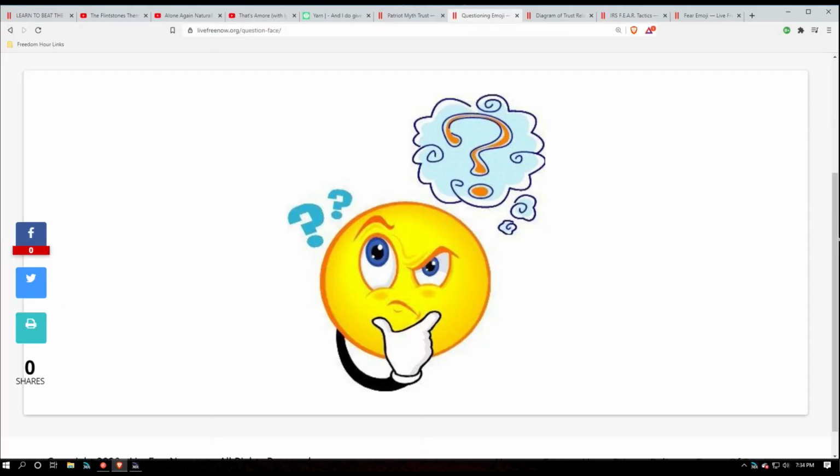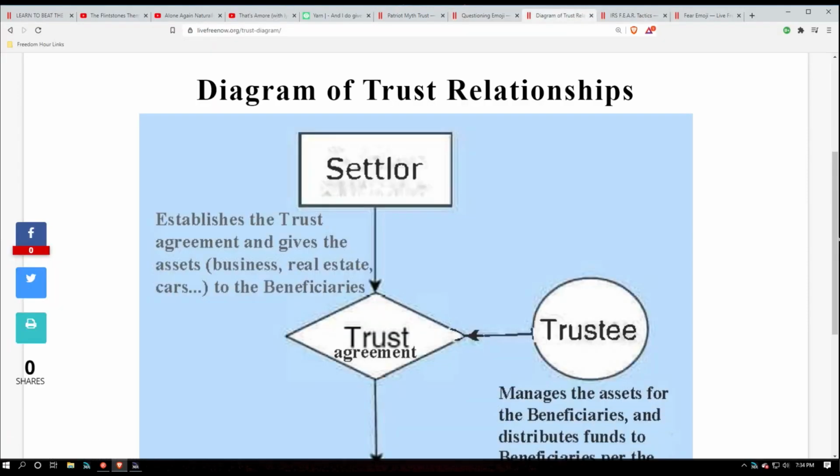Let me go show you what a trust is first, okay? What the trust is, folks, is an arrangement, an agreement. And the agreement, folks, here it is in this diagram, is by a settlor, who is usually the one that establishes the trust, but not always.